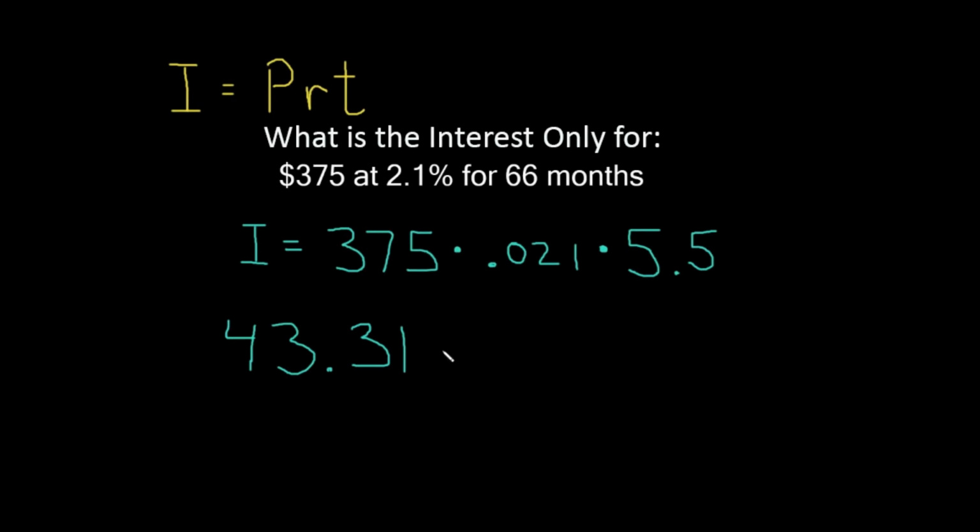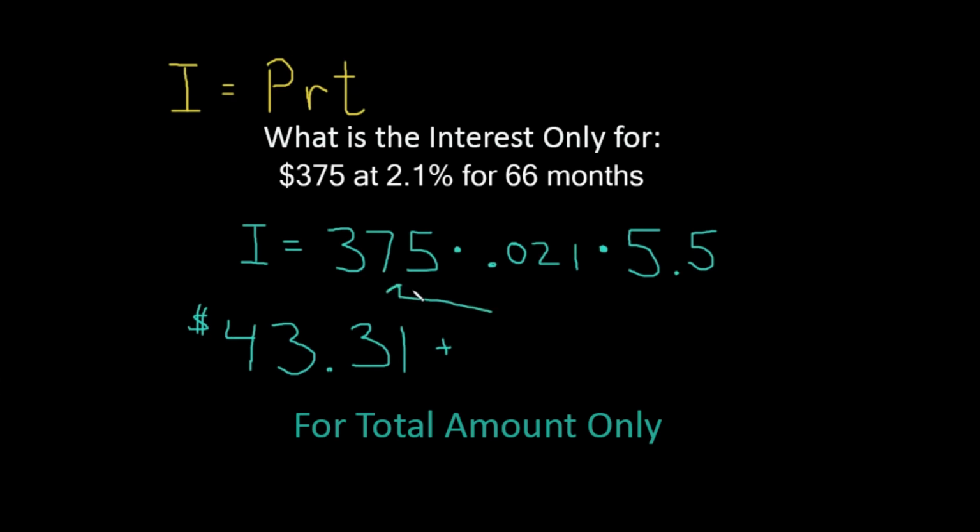Well, it's money, and so for rounding we just stay at $43.31. What is the total amount? In that case, you would take the 43 and you would add back the 375, and then you would get a total of $418.31.